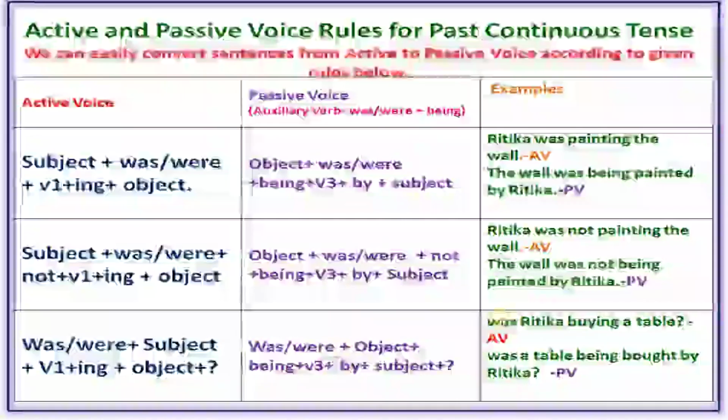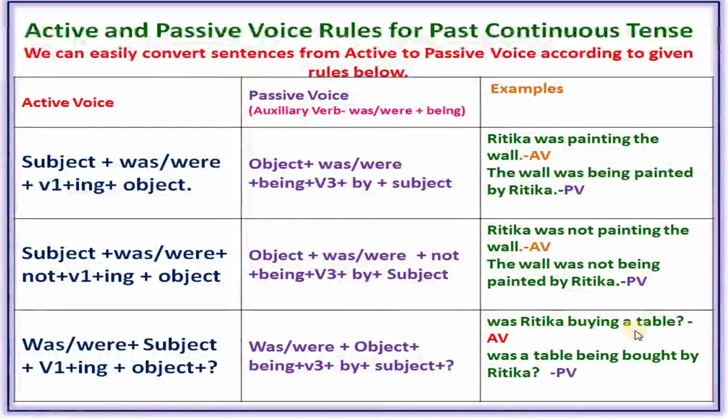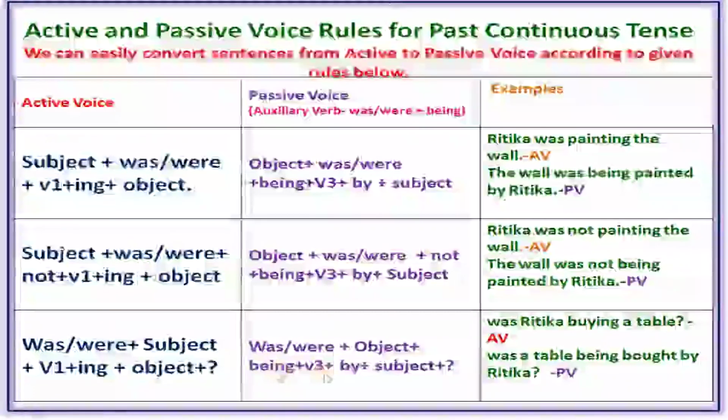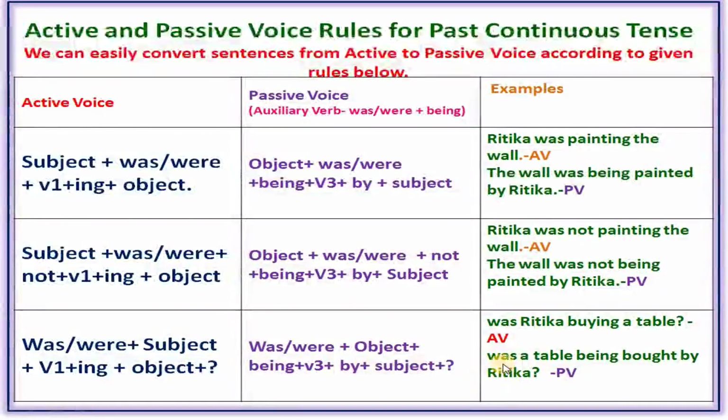Next is interrogative. Was Ritika buying a table? So a table, according to this formula: was or were plus object plus being plus V3 plus by plus subject. Here Ritika is the subject and table is the object.